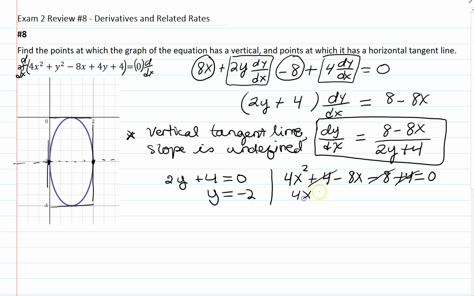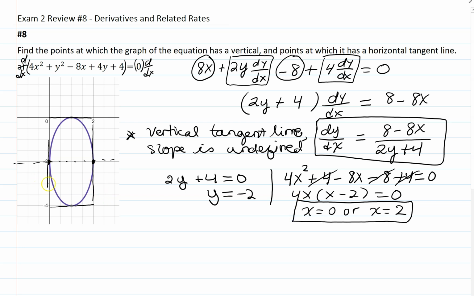Factor out the 4x, we'll have x minus 2 equal to 0. So x is equal to 0 or x is equal to 2. As we can see here, that would be this line and this line, right? At x equal to 0 and at x equal to 2, that's when the graph has vertical tangent lines.